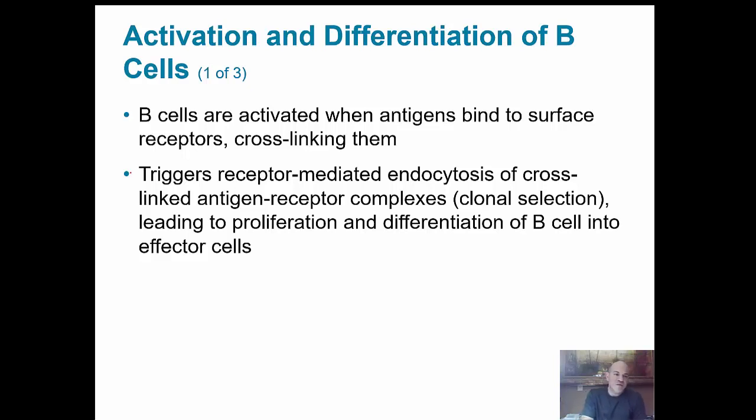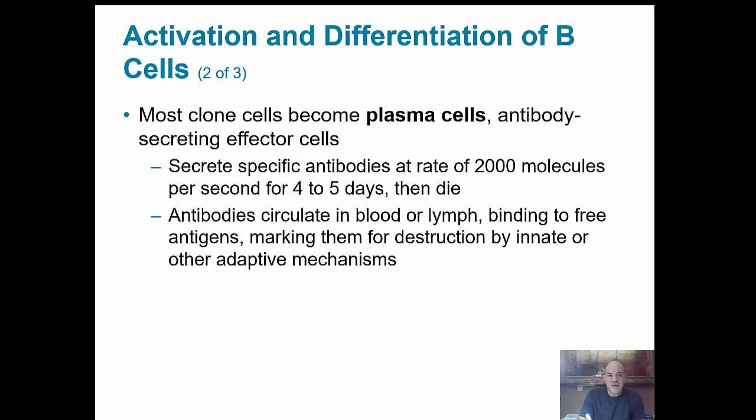This triggers receptor-mediated endocytosis of cross-linked antigen receptor complexes, a process referred to as clonal selection, which leads to the proliferation and differentiation of B cells into effector cells.